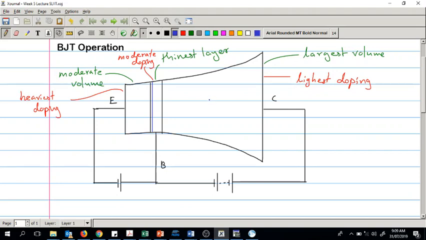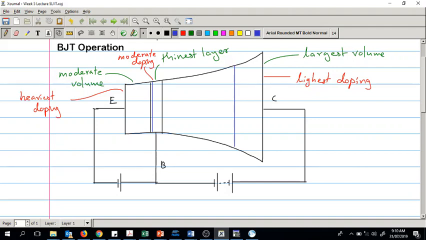The larger the doping concentration, the smaller the depletion layer penetration is. The smaller the doping concentration, the larger the depletion layer penetration is. So the depletion zone on the collector side will occupy a very large volume of the collector.